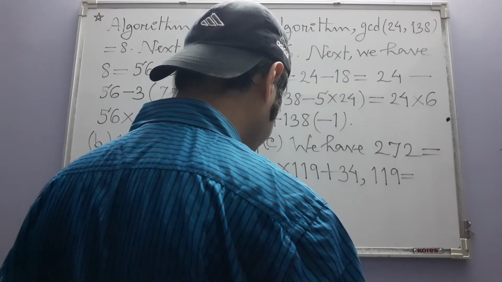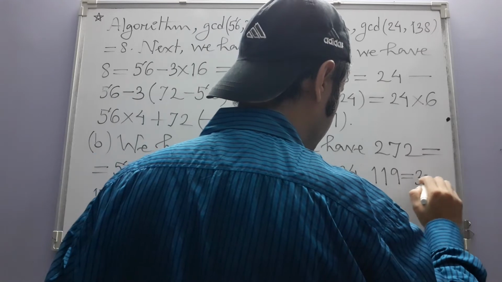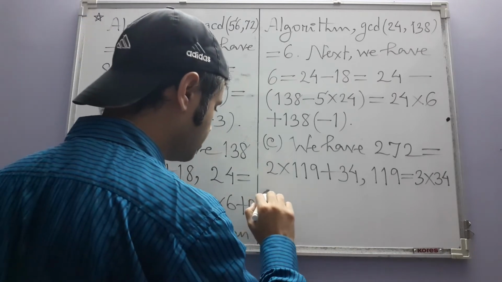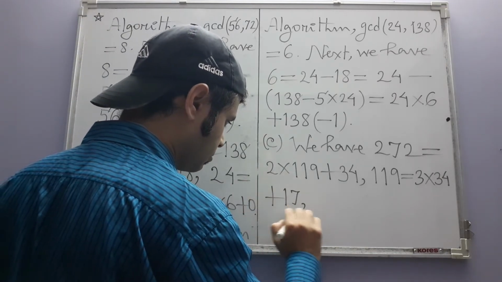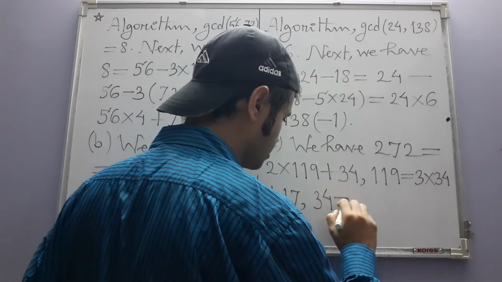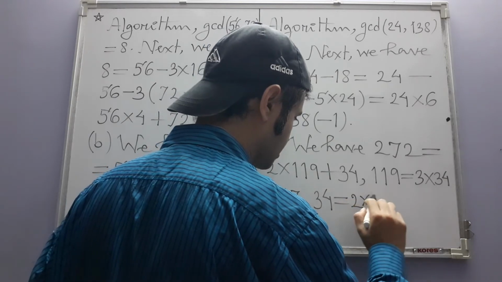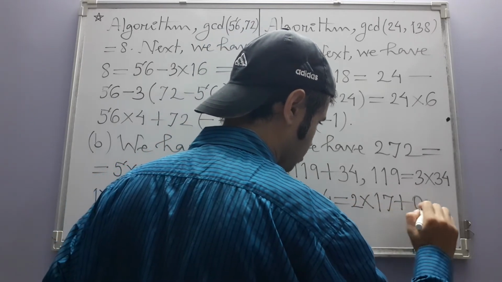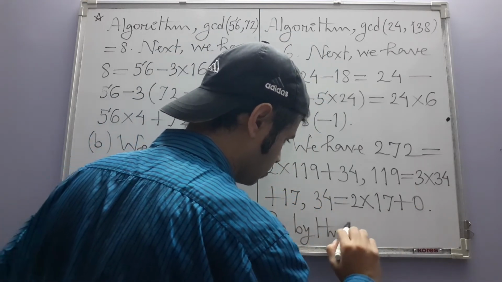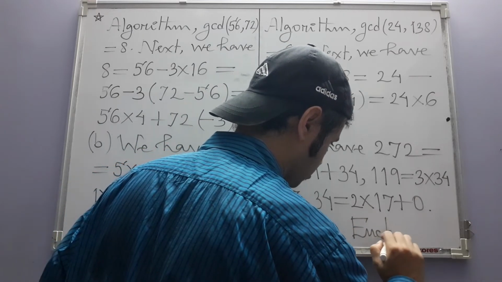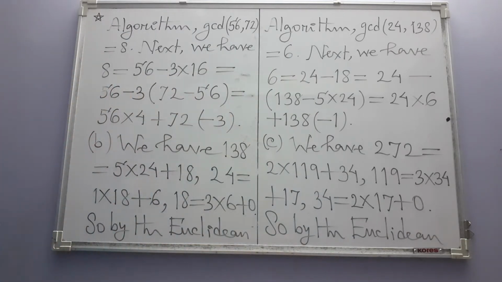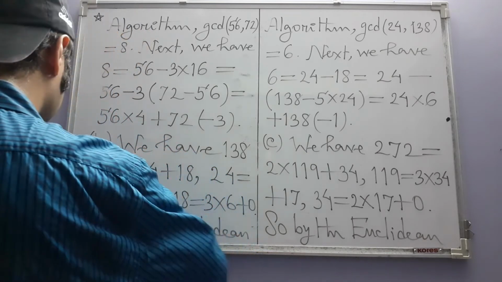So that gives you 3 times 34 plus 17. And in the next step, of course, you have complete division because 34 is divisible by 17. So by the Euclidean algorithm, the GCD is 17.